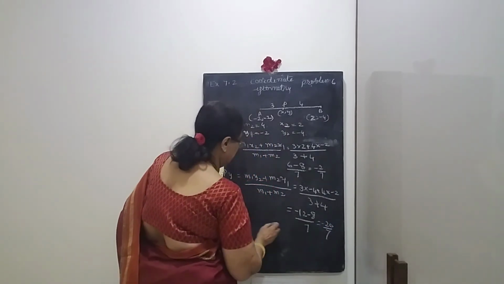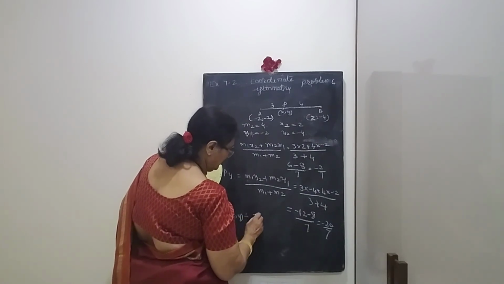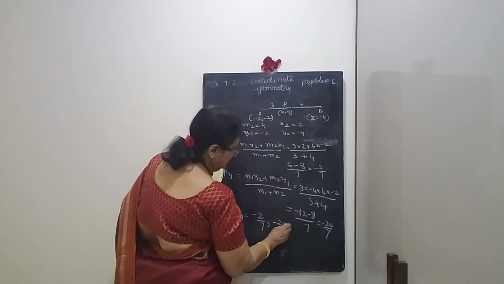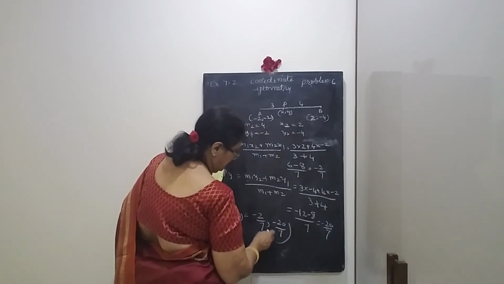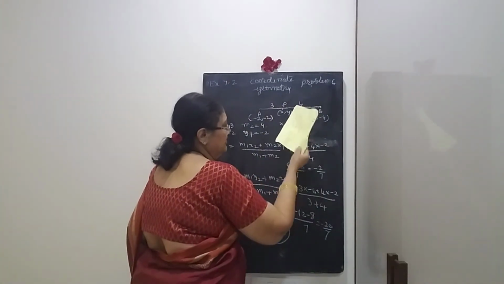So the coordinates of P (x, y) is -2/7 and -20/7. Very easy, but if you go wrong there, 3 and 7 if you take, finished.